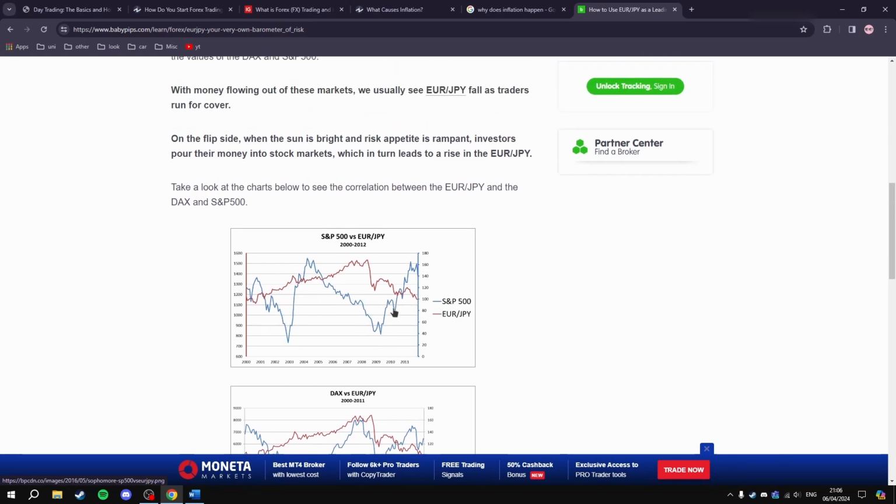The only bit that's correlating is pretty much this bit here. When this bit falls, that bit falls. However, this is still like inverse correlated. So EUR/JPY rises as the S&P 500 falls.